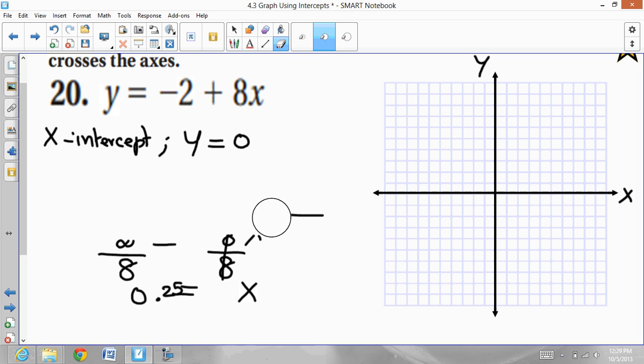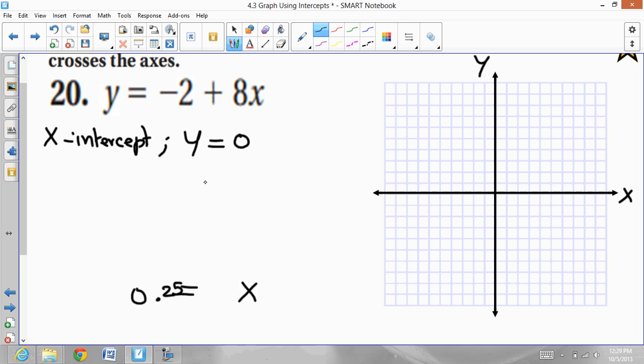Now look at the point. So you did your calculations and you got x as 0.25. So the x value in this case is 0.25, and the y value that you used to get the x is 0. So 0.25 comma 0 is actually 1 point.